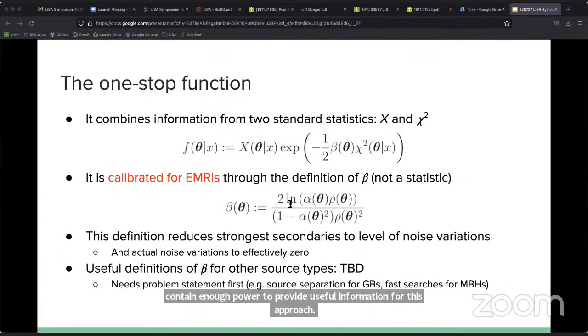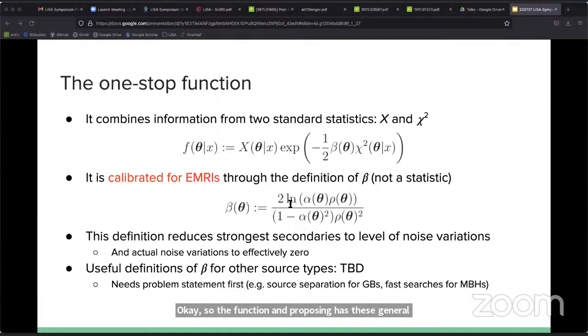Okay, so the function I'm proposing has this general form. It combines information from 2 standard statistics: capital X, which we've already seen, that's the detection SNR, plus a chi-squared-like statistic here, which is defined using the detection SNR of the individual modes.